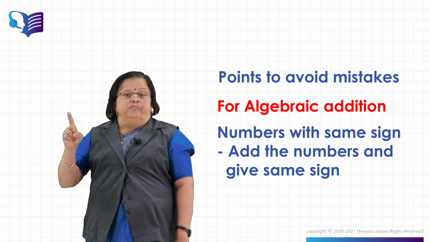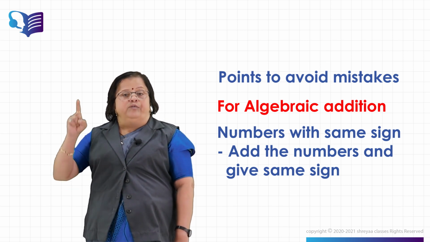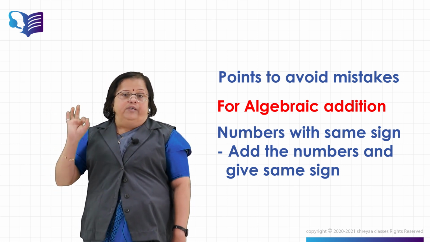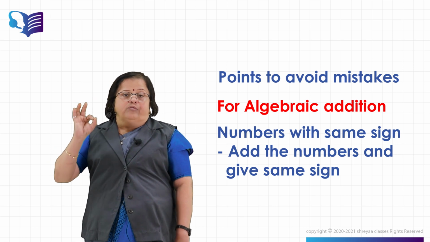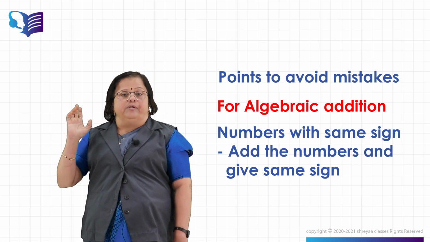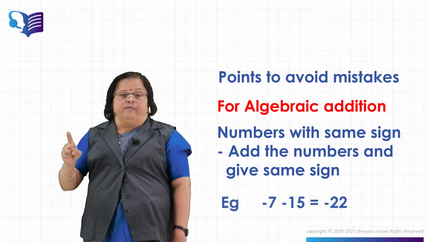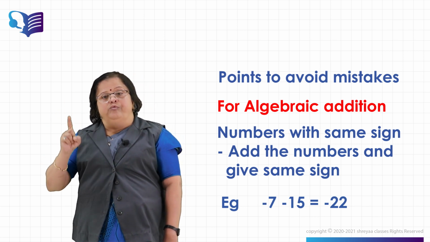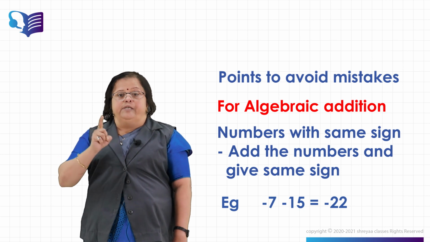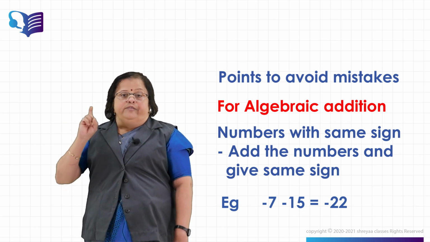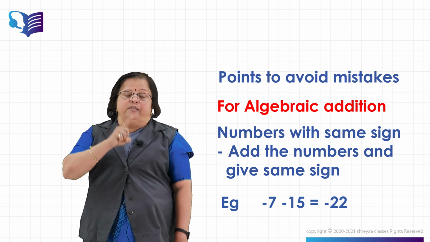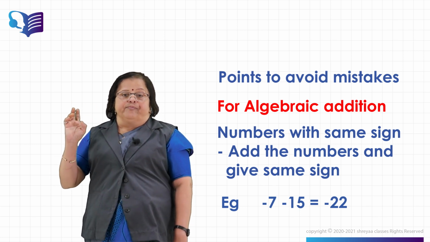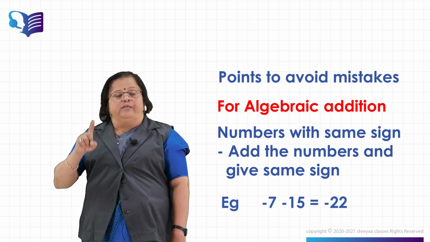When you add the numbers, after that you have to give the same sign to the answer. Very simple. Let us try to understand with a very simple example. Minus 7 minus 15. These are the two numbers which are with the same sign. 7 has sign minus and 15 sign is minus. Therefore you have to add the numbers.